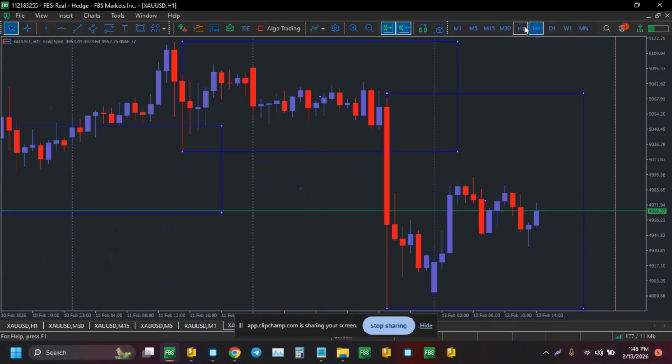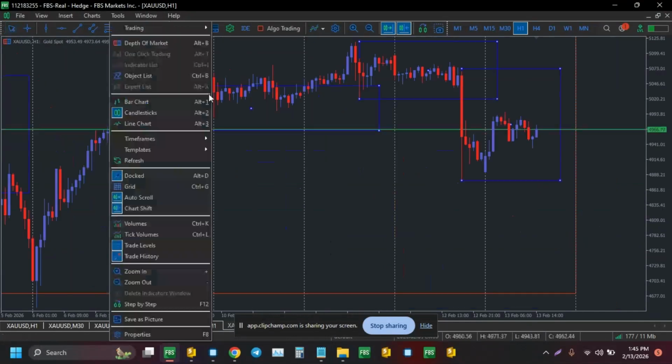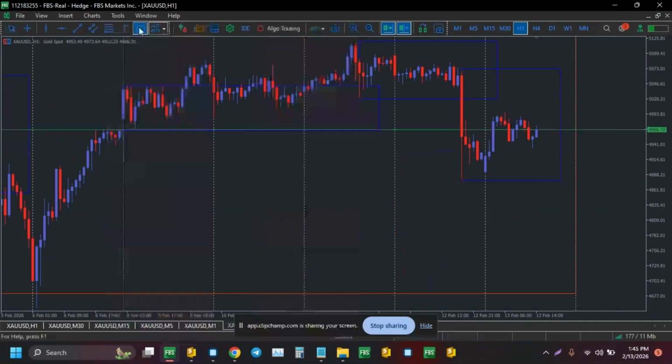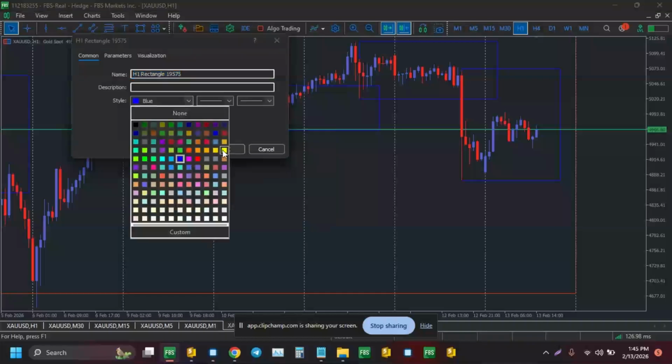If you go down to the H1, you see it's everywhere. One candle, everybody is in its range. This is H1.